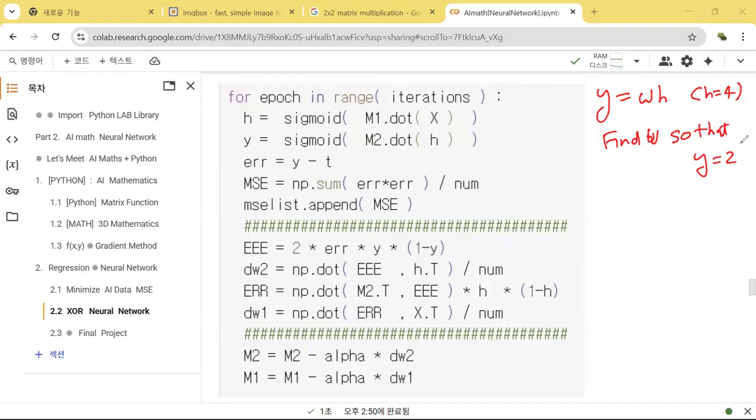Everybody knows this is very easy: since H is 4 and Y is 2, then W must be what? 0.5, okay? 0.5 times 4 equals 2.